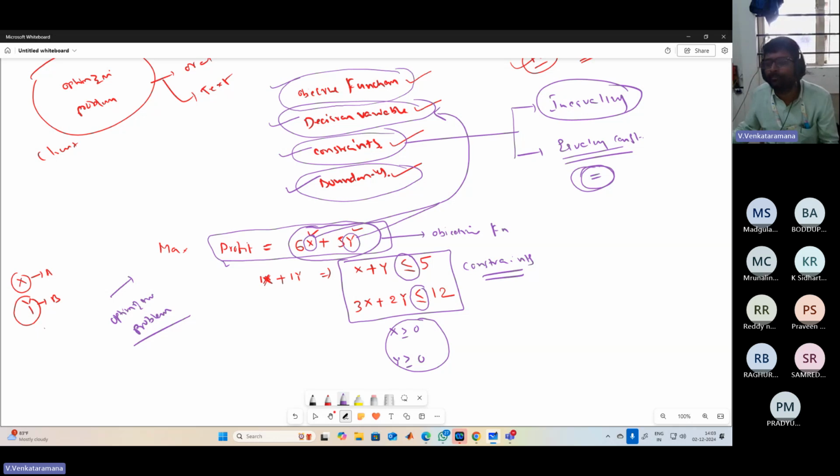That is called the boundary conditions. So my boundary conditions are x greater than or equal to 0 and y greater than or equal to 0. These are the main parts in the mathematical modeling of your optimization problem. Hope you understand, right? Done.